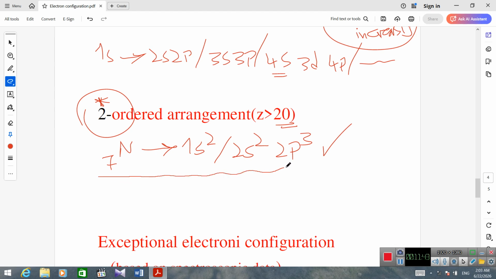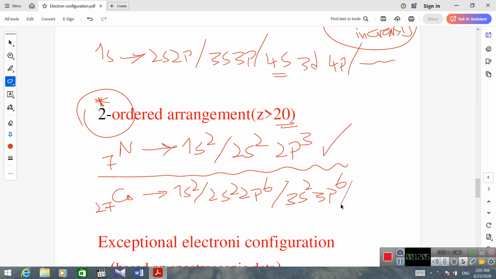But about cobalt, we have the atomic number 27, 1s2, 2s2, 2p6, and 3s2, 3p6, 4s2, and 2 plus 2 plus 6, 10, 12, 18, 20, and again 7, this 7, 27.